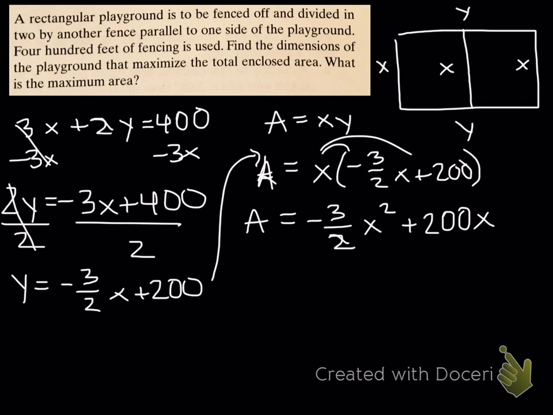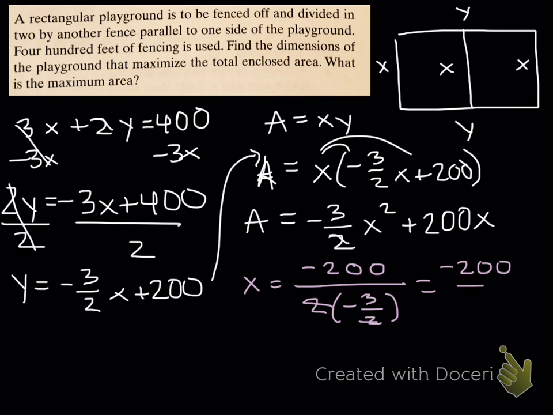And now we find our vertex. So I have x equals negative 200 divided by 2 times the negative 3/2. So in the denominator, these 2's are going to cancel, and I'm left with a negative 200 divided by negative 3, which is equal to 66 point, we'll just say 7.